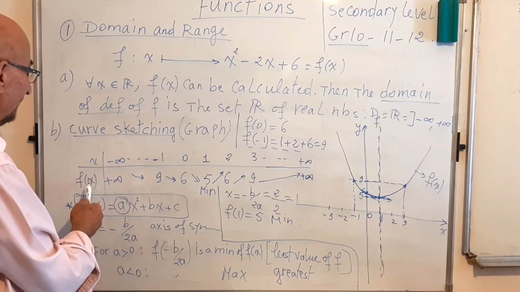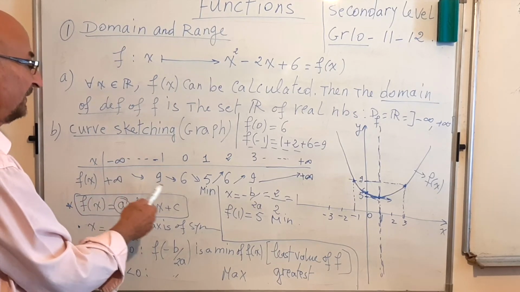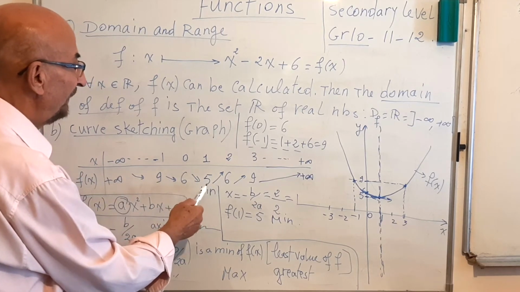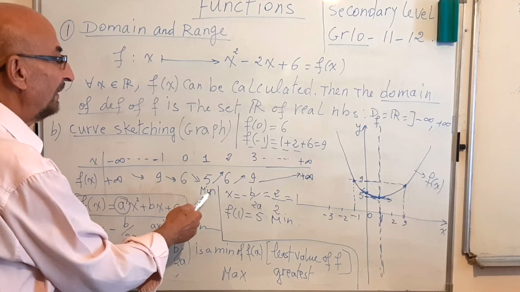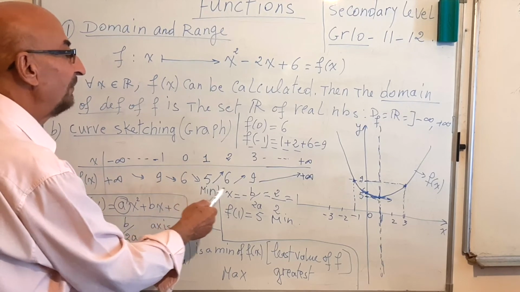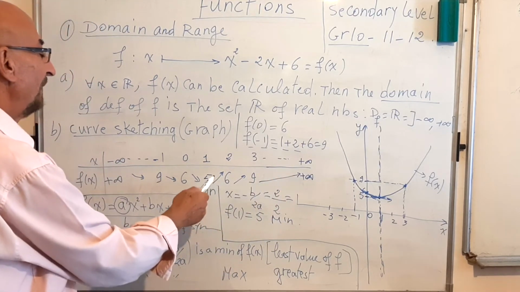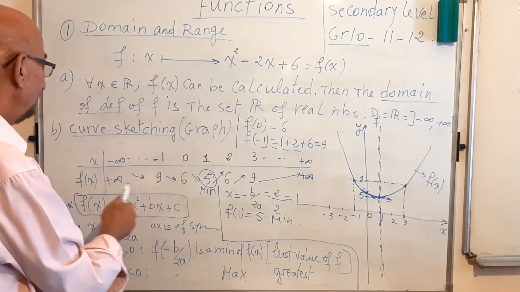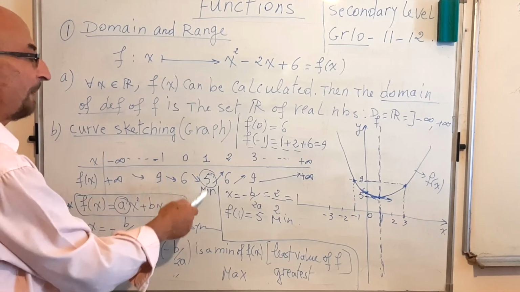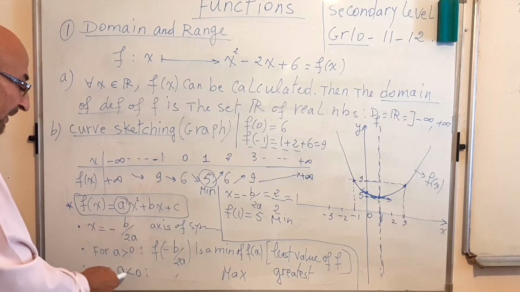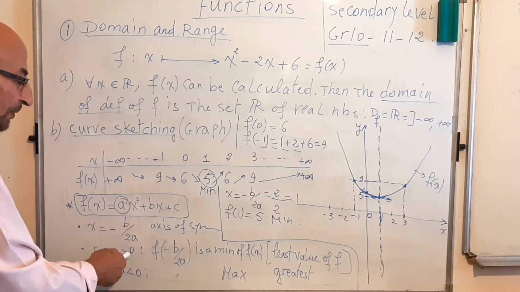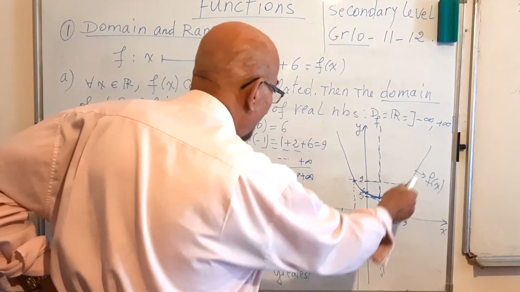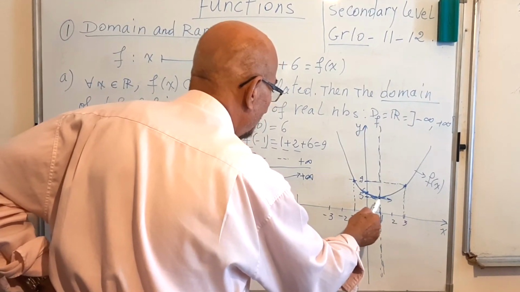The values of f of x decrease from plus infinity to 5, then increase from 5 to plus infinity. 5 is the least value of f of x. For a positive, the curve passes through a minimum.